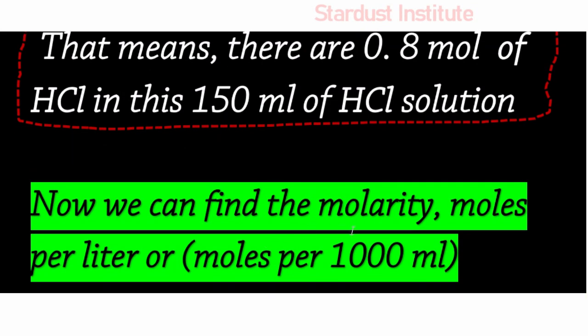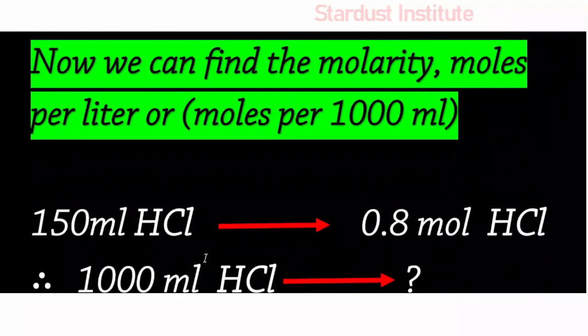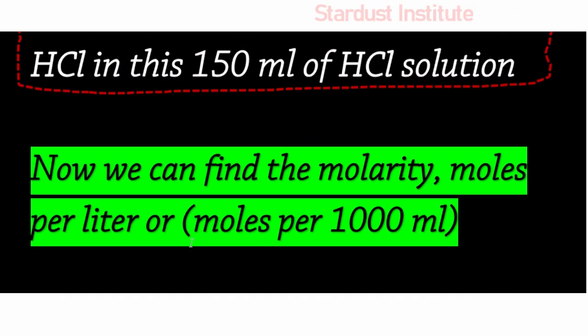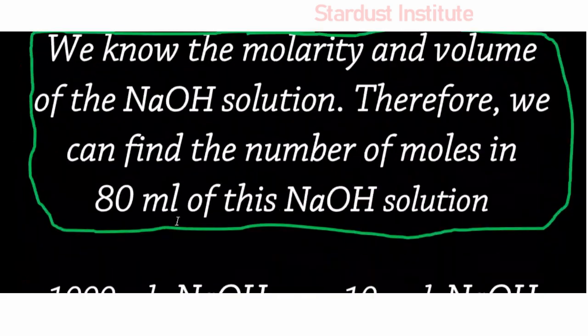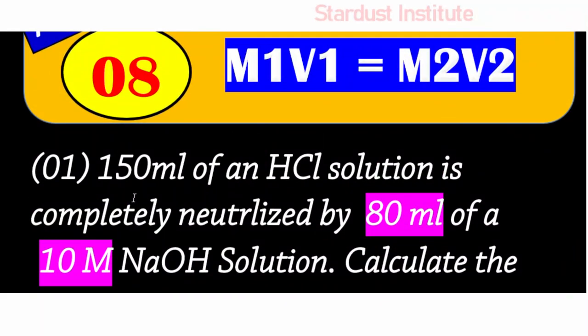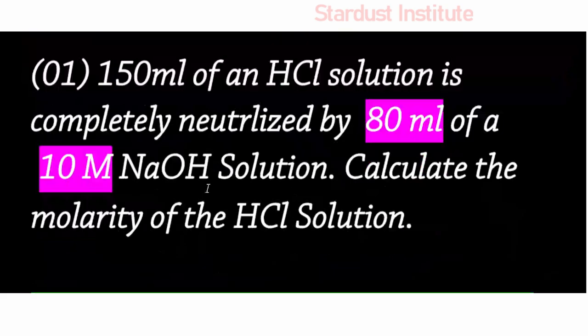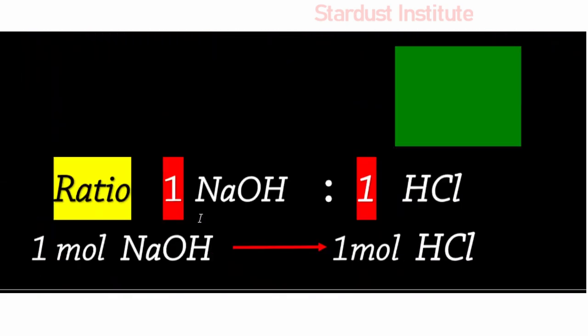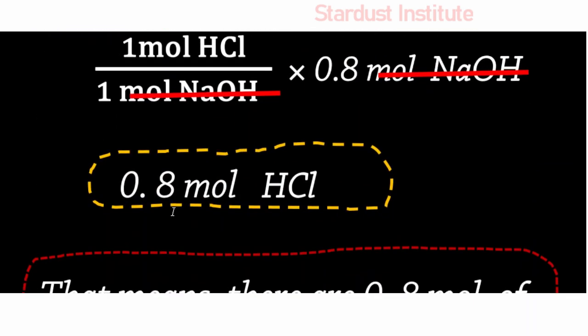Now we can find the molarity, moles per liter or moles per 1000 milliliters. We know in 150 milliliters of this HCl solution, there are 0.8 moles of HCl.